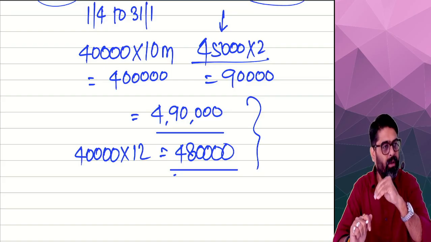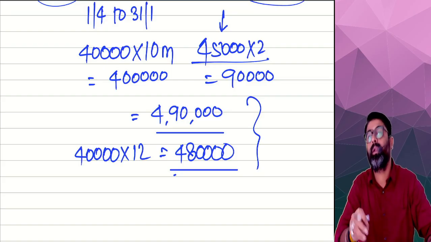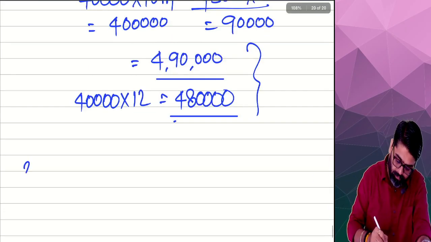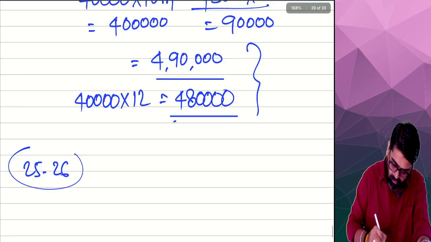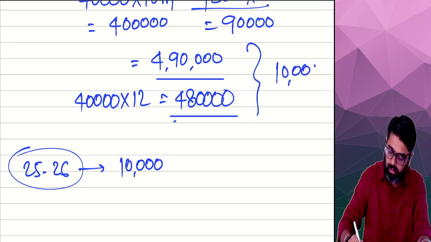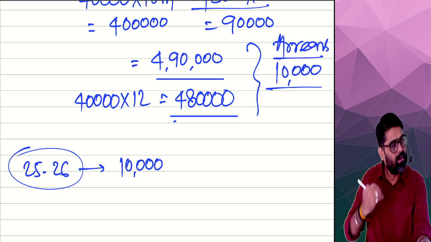In the month of April, immediately you got that arrears of salary. But you got it in which year? 25-26. In this year, you got that 10,000 rupees of salary, which was a shortfall. Yes or no? That 10,000 which was in arrears, you got in the next year.